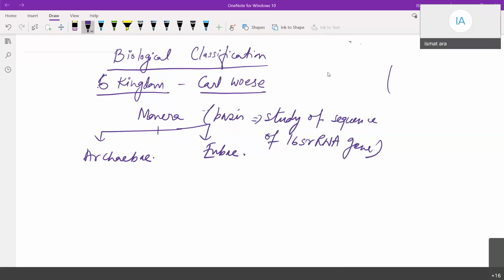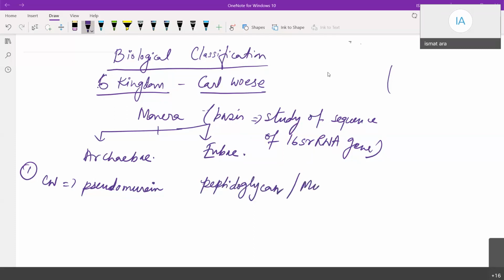Now, the cell wall of Archaebacteria is made up of pseudomurein, whereas for Eubacteria, it is made up of peptidoglycan or murein.